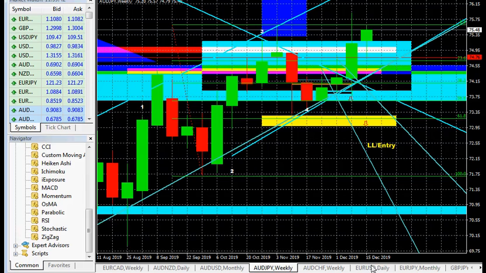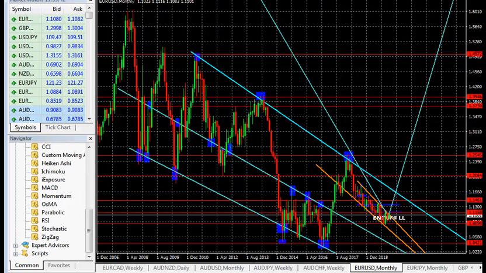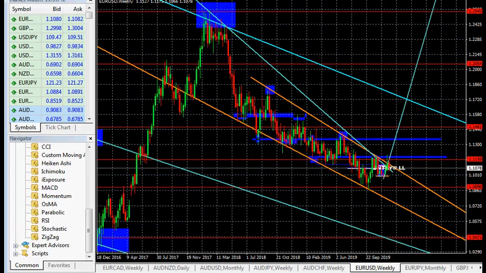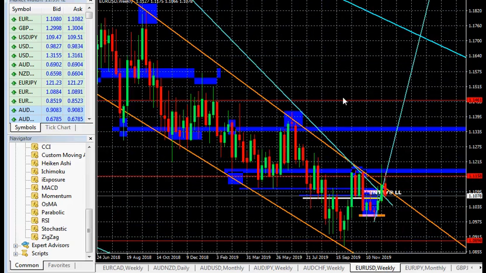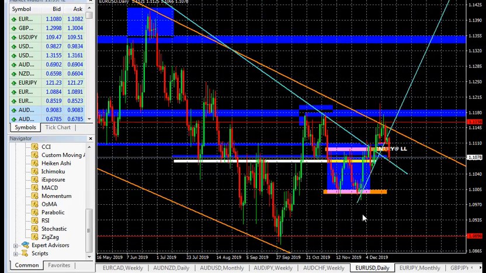So let's make an analysis of the euro versus US dollar in the monthly time frame. You can see this is a downtrend market. So we wait for price action. Let's zoom out and see price action at this level. We'll go to the daily. You can see the daily is giving us something.